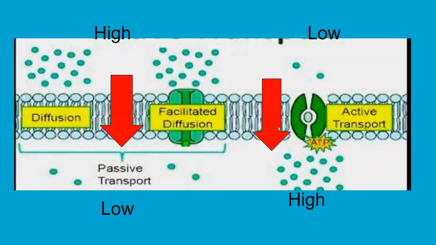How is this protein pump different from the diffusion we just talked about? Well, diffusion and facilitated diffusion go from high to low, requiring zero energy. But when you're trying to go backwards, up the hill, up the gradient from low to high, we have to use that ATP energy to pump it in. And so that uses energy. That is active transport, not passive.